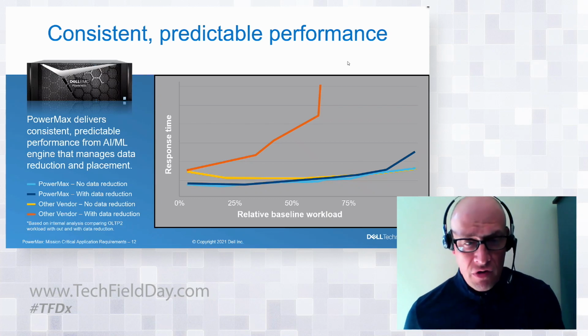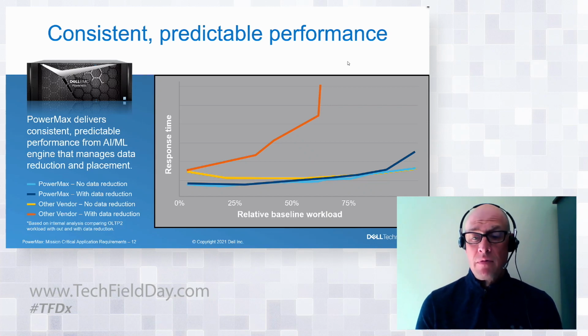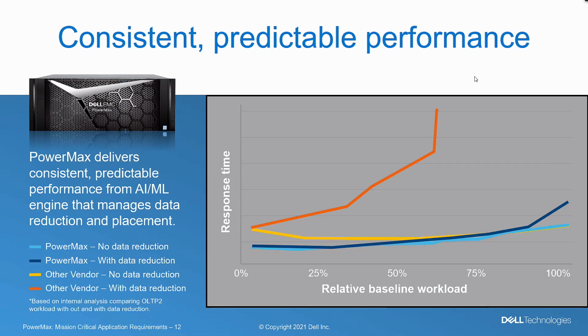And Ray, this might answer your question. Typical all-flash arrays, modern all-flash arrays, are very capable of supporting consistent, predictable performance, very low response times over a large amount of workload variation. That is seen here by both the yellow line and the light blue lines. Yellow line being another vendor's platform, the light blue line being our PowerMax platform.